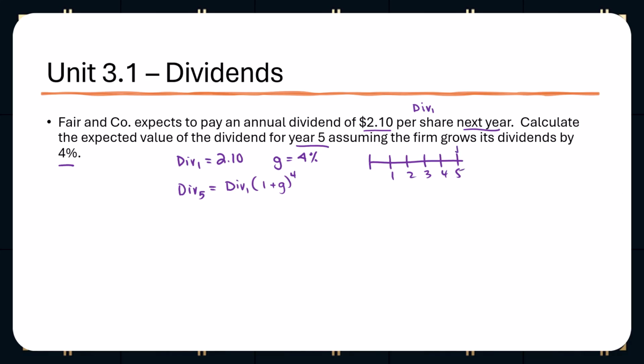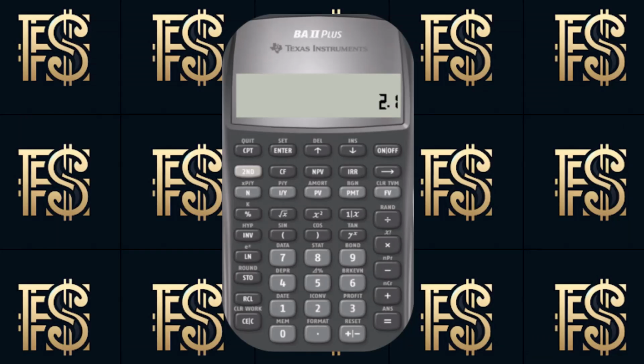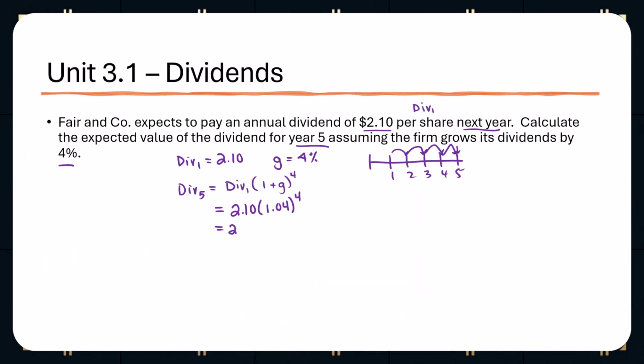We have to send it to year 5. That's 4 periods into the future. So our dividend at 5 is $2.10 times 1.04 raised to the 4, which is $2.46 approximately.